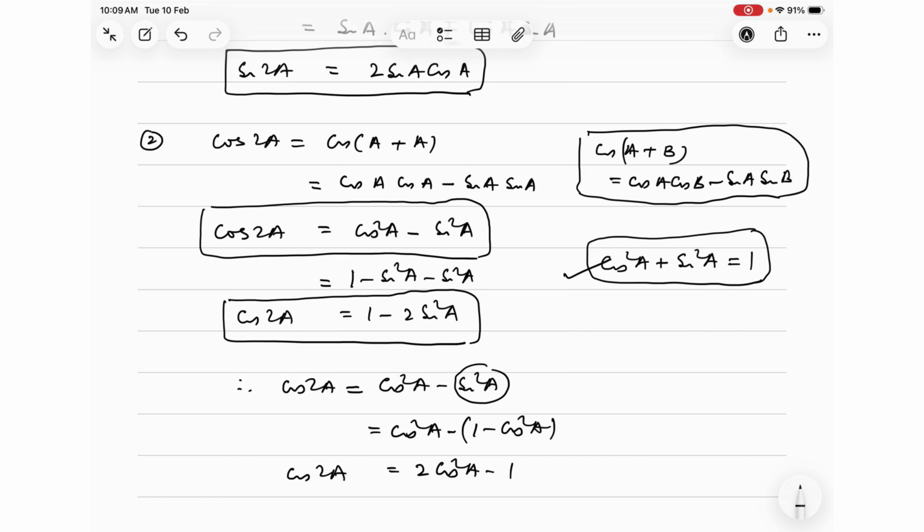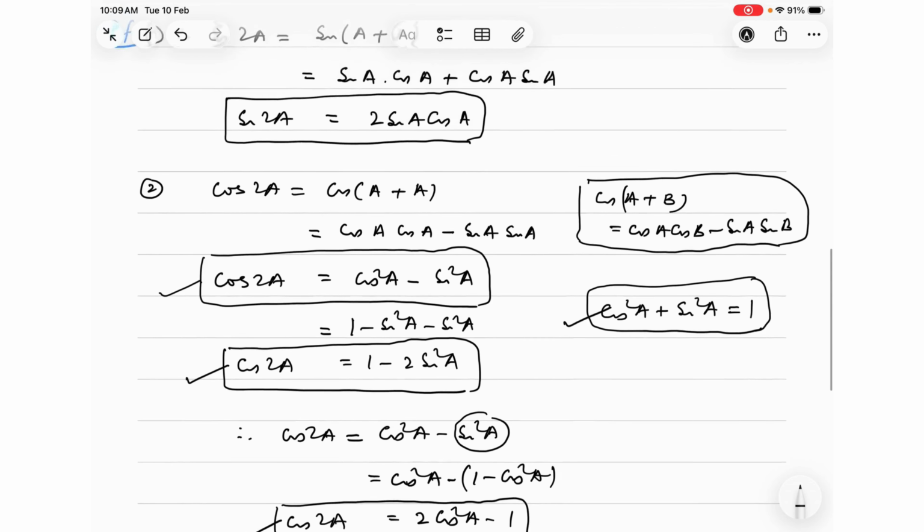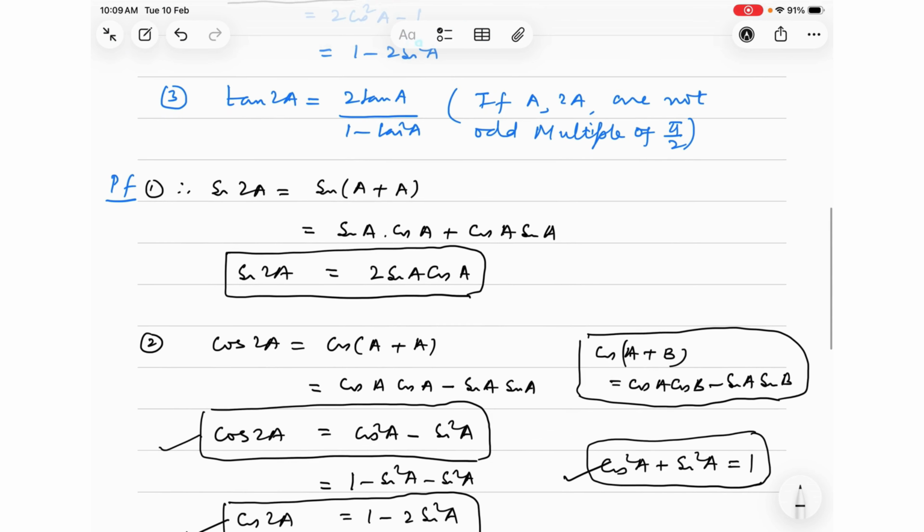This is the third formula of cos 2A. So there are three formulas for cos 2A. One is cos square A minus sin square A, the other one is 1 minus 2 sin square A, and the third formula of cos 2A is 2 cos square A minus 1. So depending upon the problem, we can use these three.